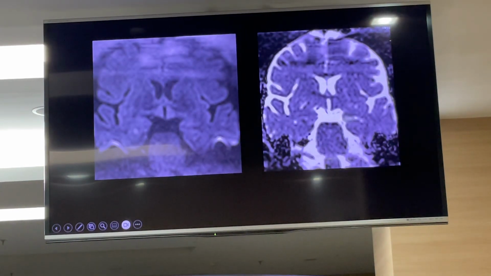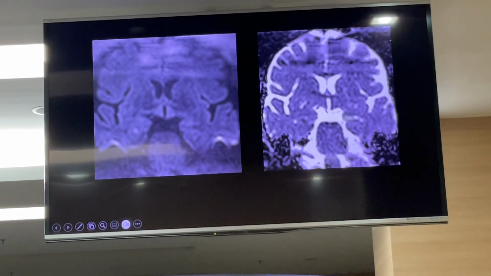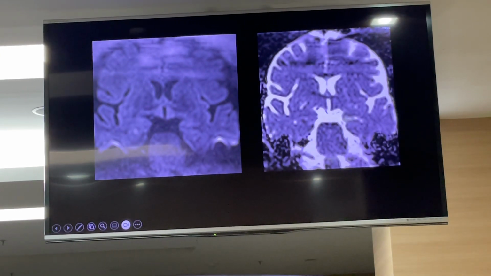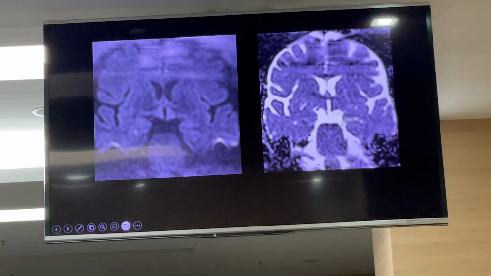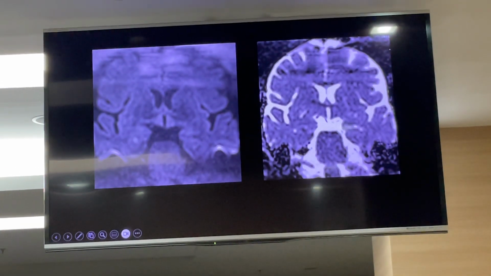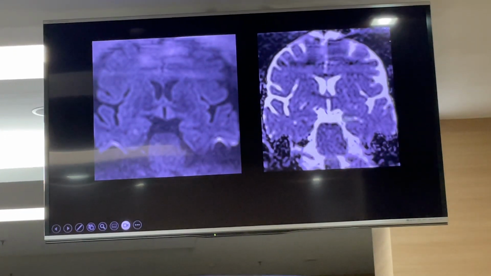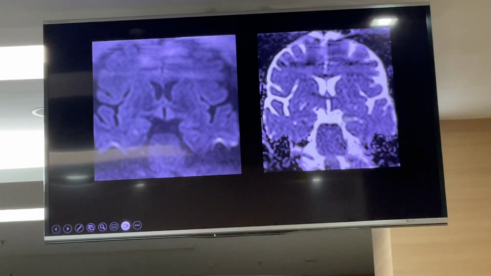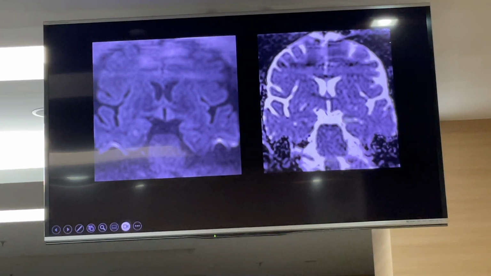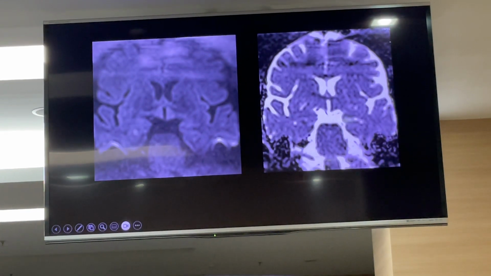This patient came to the hospital with transient memory loss. We see restricted diffusion dots in the hippocampi with corresponding low ADC. This is not artifact; this is the real lesion.